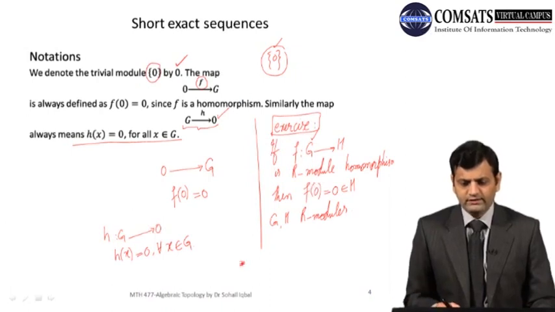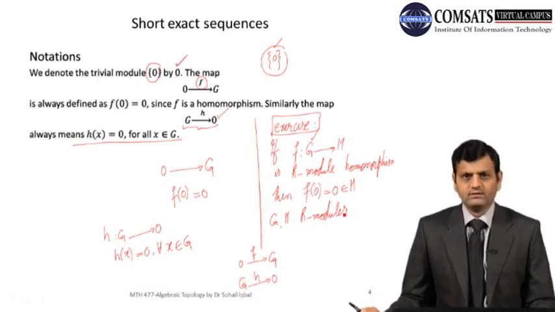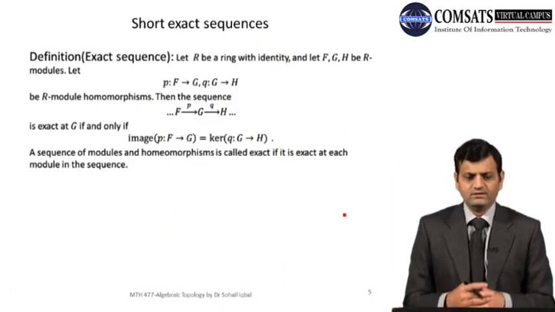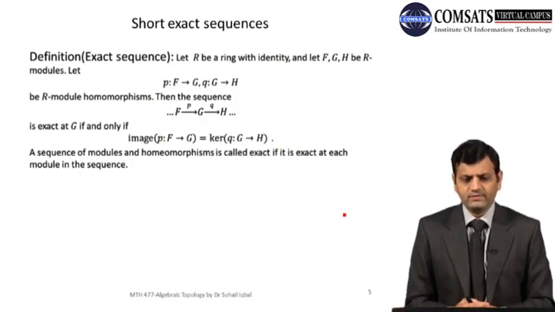Whenever I write down 0 to G, it always means that there is a map f such that f of 0 is equal to 0 of this R module G. And similarly, whenever I write down the map G to 0, it means that it's a map which takes every element of G to 0.